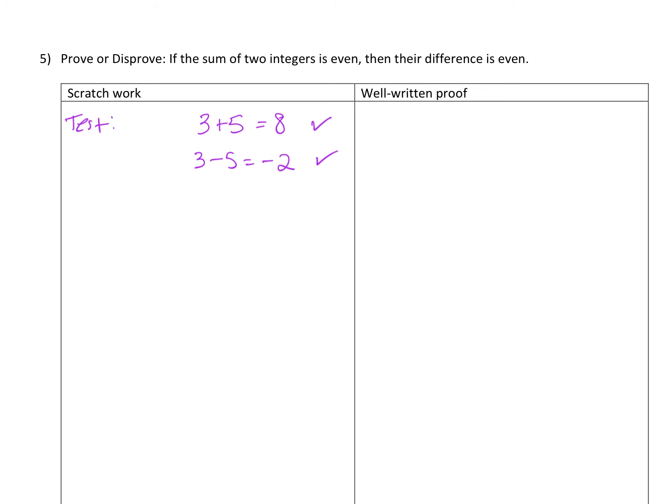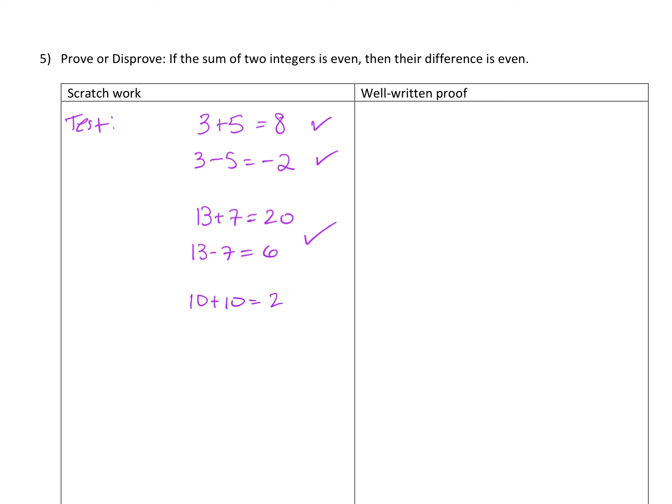Let's do another one. I need two numbers whose sum is even, maybe 13 and 7. When I add them together, I get 20. That's even. Is their difference even? 6, yes. Maybe let's check one more. 10 and 10, right?